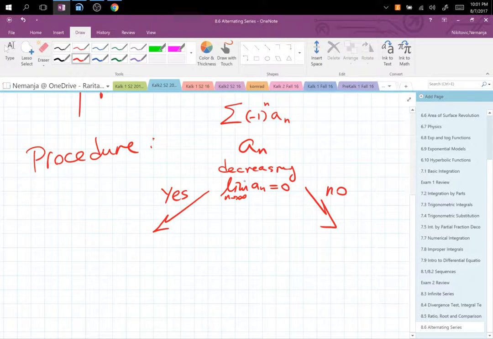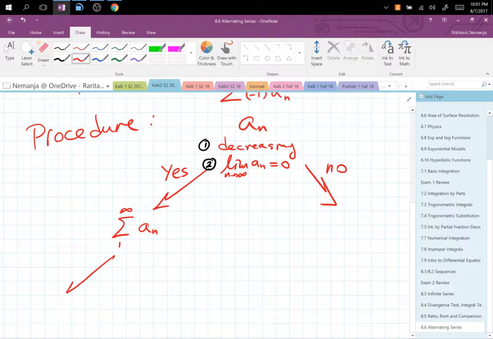If these two conditions, condition 1 and condition 2, are satisfied, you are moving down the yes branch, which is a convergence branch now, and you have to look at the summation of just a_n. Observe that there is no alternating term there.